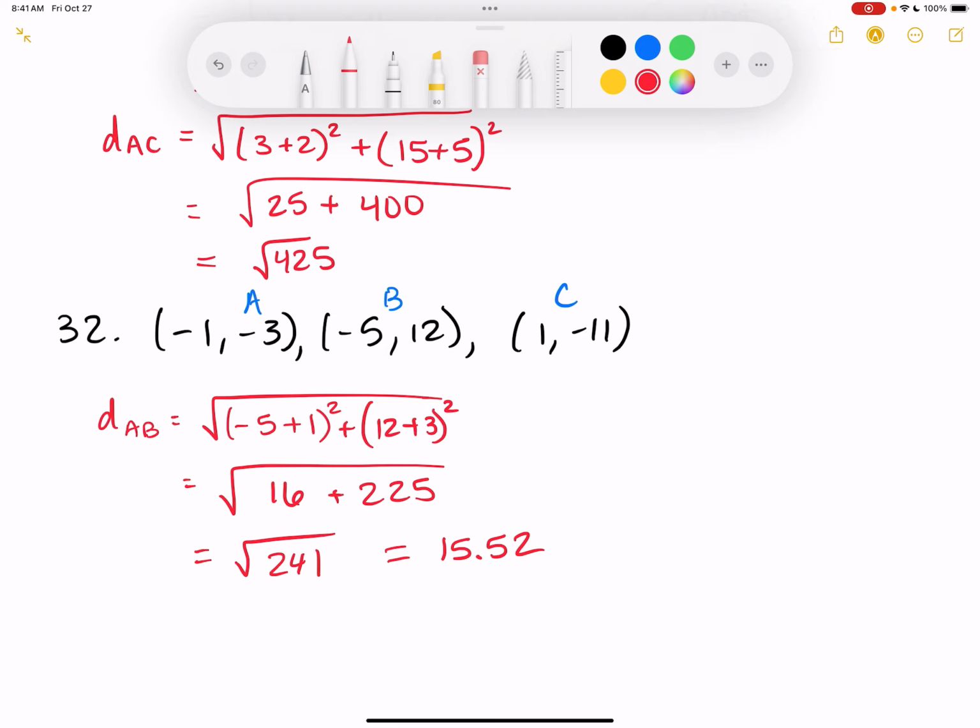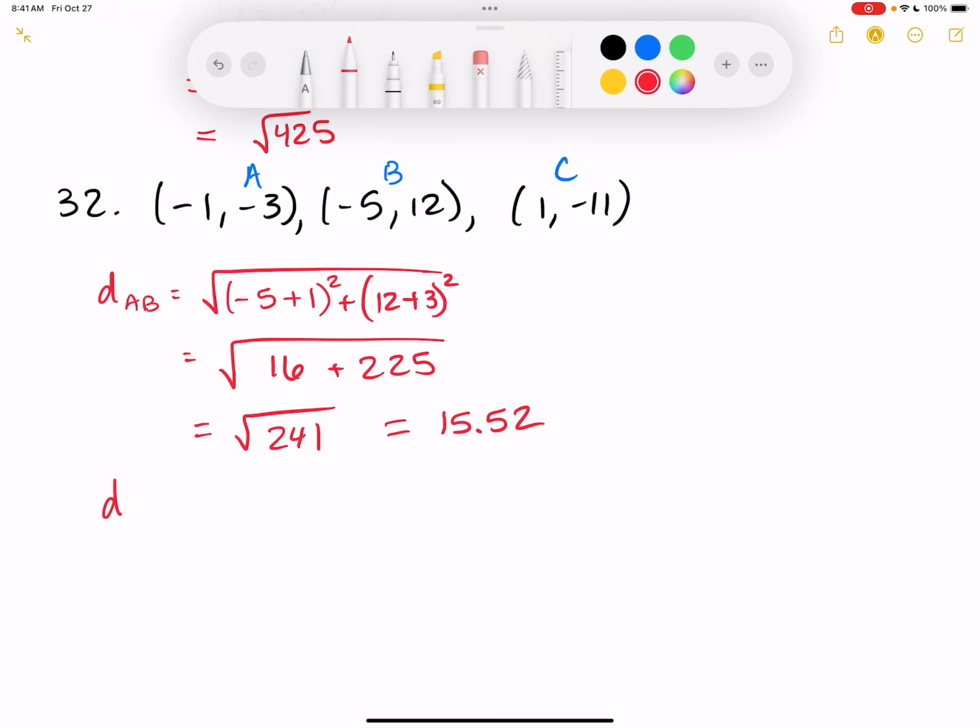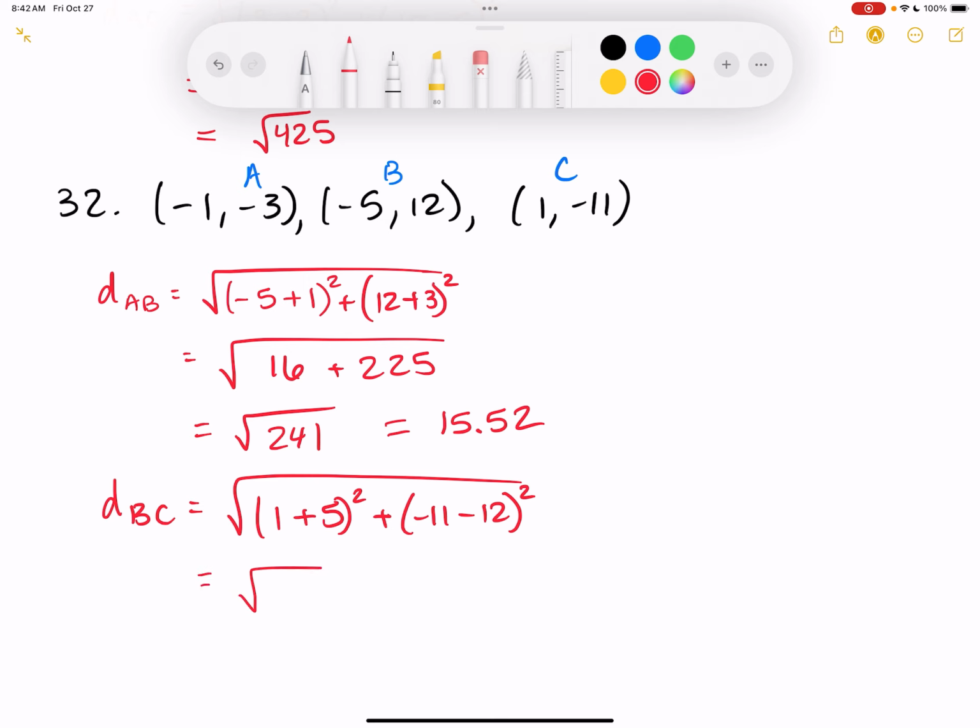So then I'm going to do the distance from B to C. So it's the square root of 1 minus negative, so +5 squared, plus -11 minus 12 squared. So then that's the square root of 6 squared is 36, plus, oh goodness. Tori, can you square 23 and tell me what it is? Or -23, but it's going to end up giving the same thing. 529.